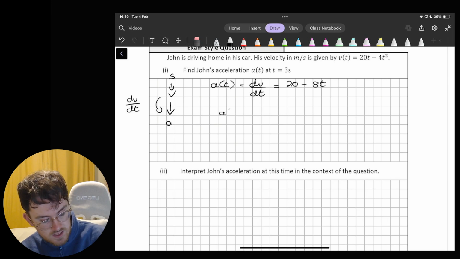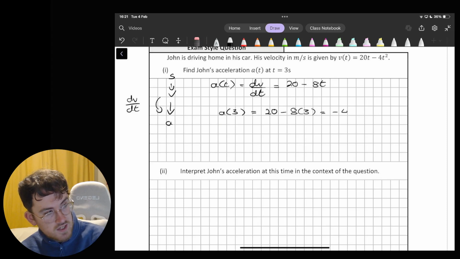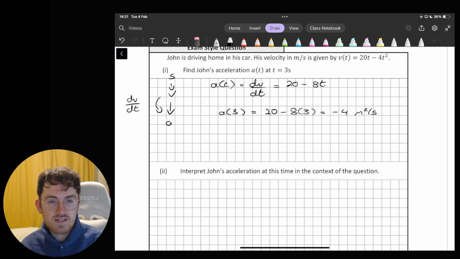Now we're looking for acceleration at t equals 3, so a of 3 is 20 minus 8 times 3, which is minus 4 meters per second squared. So a negative acceleration, or deceleration.